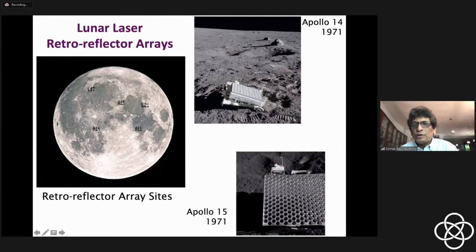So this is the Apollo 14 one, for example, in 1971. That's very, very useful. The Apollo 15 one, and they are left here. See, that's the Apollo 15 one there, Apollo 14 one. And if you remember the last Chandrayaan that went from India, the lunar lander didn't work. The lander crashed.